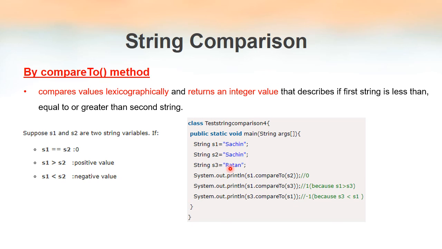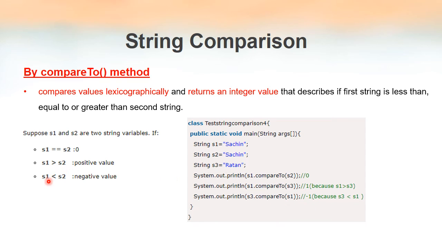Now when we compare S3 with S1, S3 is Ratan. Now we are comparing Ratan with respect to S1. The word Ratan starts with R, and S1 is Sachin, which starts with S. So we know that Ratan is coming before Sachin in the English dictionary.